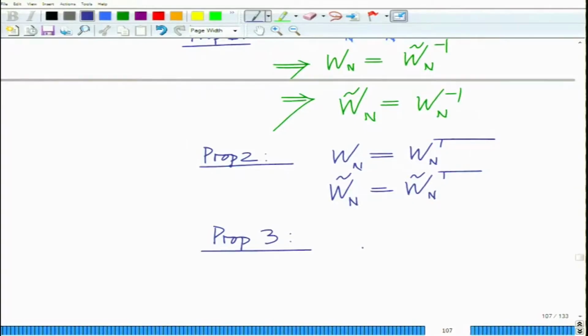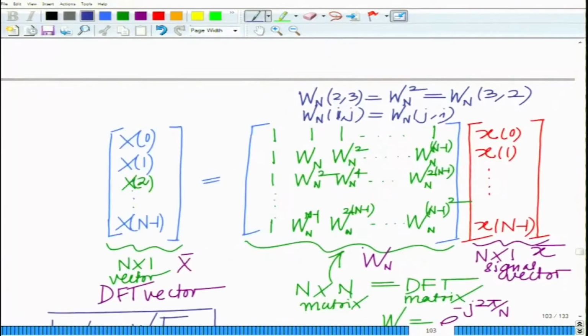Now you look at Wn of 2 comma 3, that is Wn squared, that is e raised to j 2 pi into 2 over n, that is e raised to j 4 pi over n.